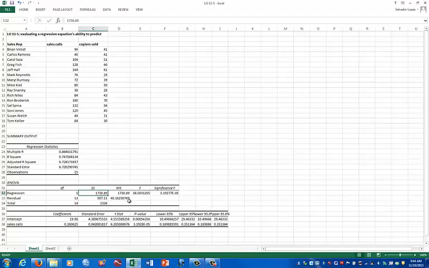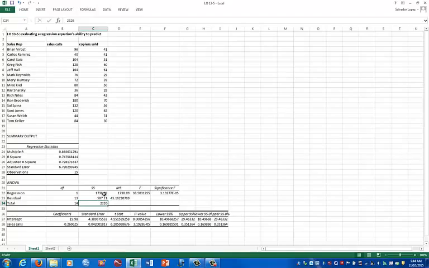So if you take 1,738.89 and divide it by 2,326, you get 0.7475, which is the R-squared. And it is the ratio of the explained variation divided by the total variation.